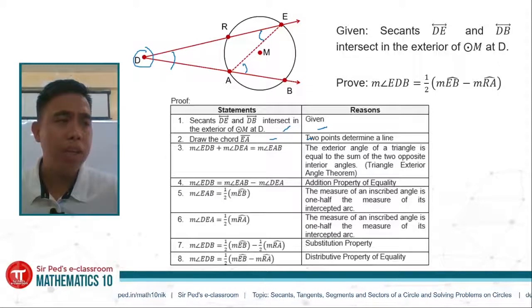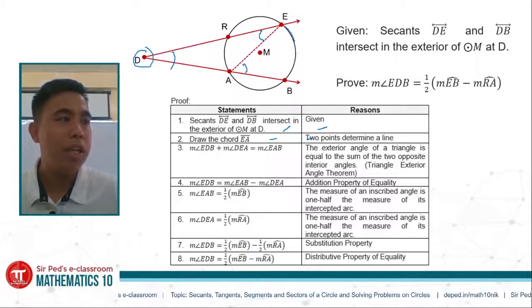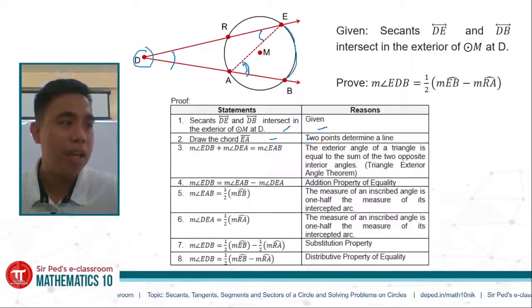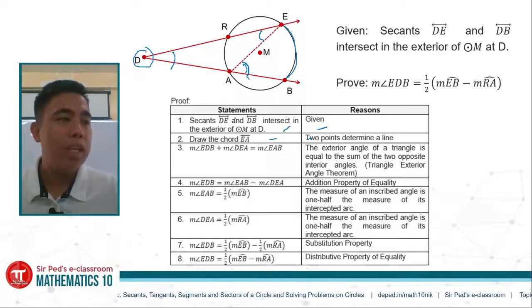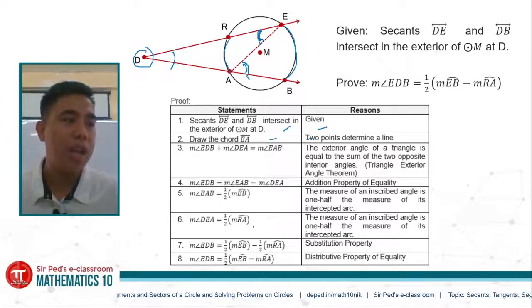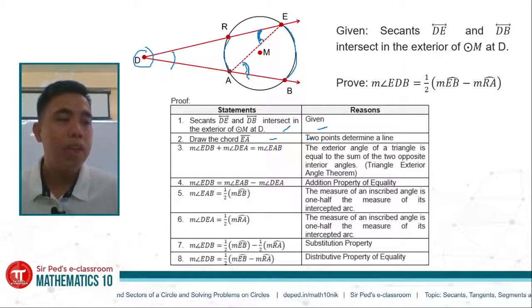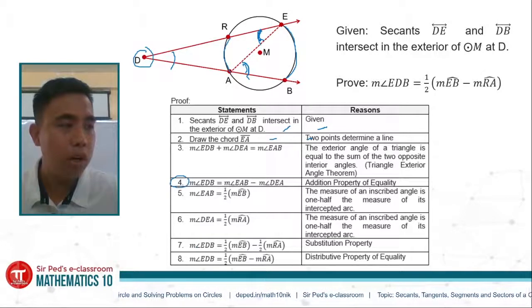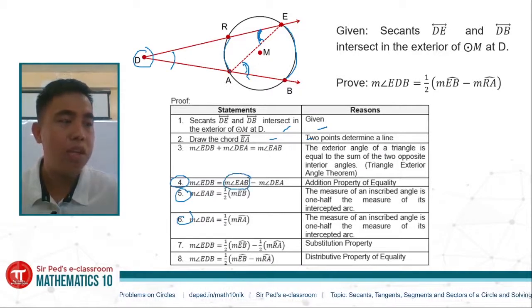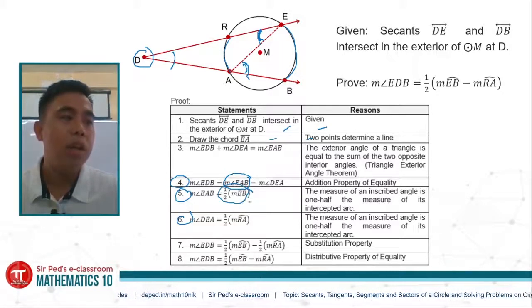Now, the measure of angle EAB is equal to 1/2 the measure of arc EB because that is an inscribed angle. The measure of angle DEA, this one, is also equal to 1/2 of arc RA because that is an inscribed angle. Therefore, by substitution, based on numbers 4, 5, and 6, instead of writing the measure of angle EAB, we substitute 1/2 the measure of arc EB.